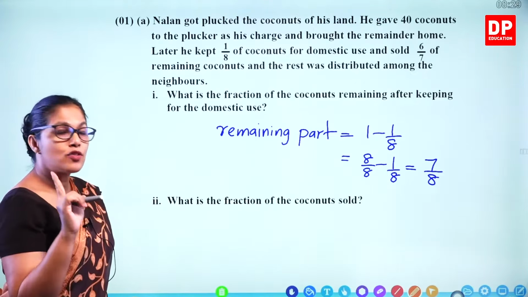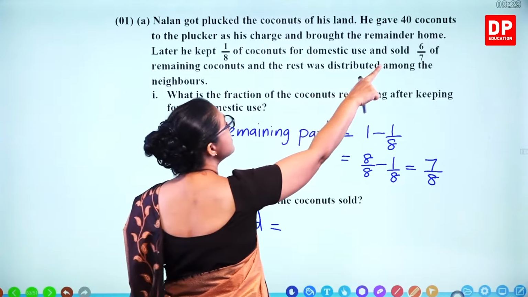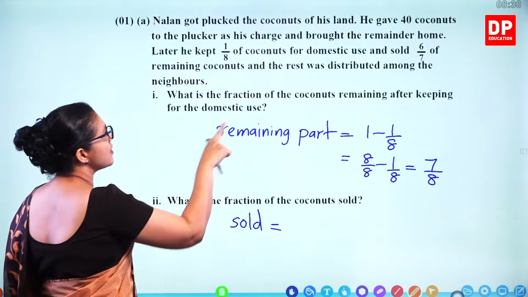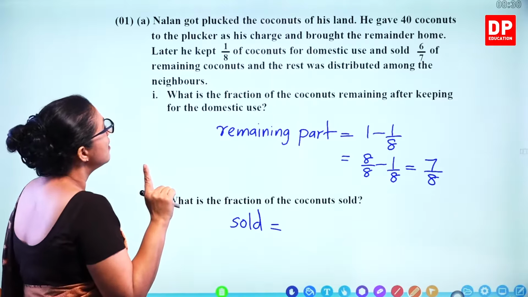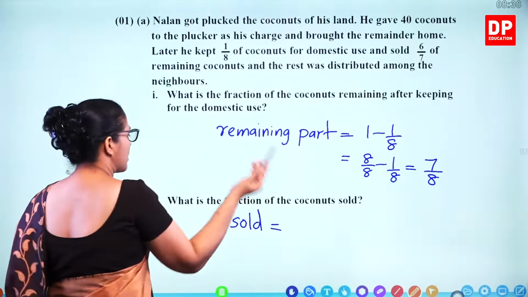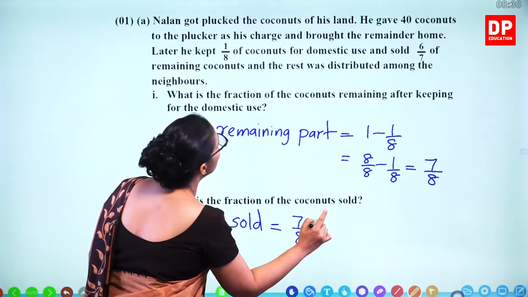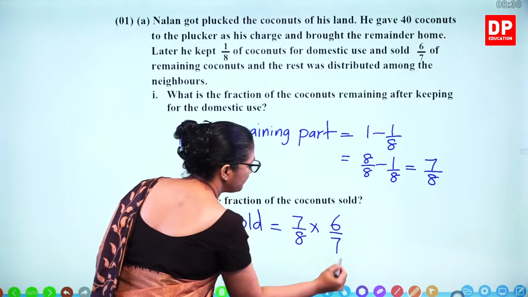So it says, read this part: he sold 6/7 of the remaining coconuts. So the remaining coconuts are 7/8. Out of that, 6/7.